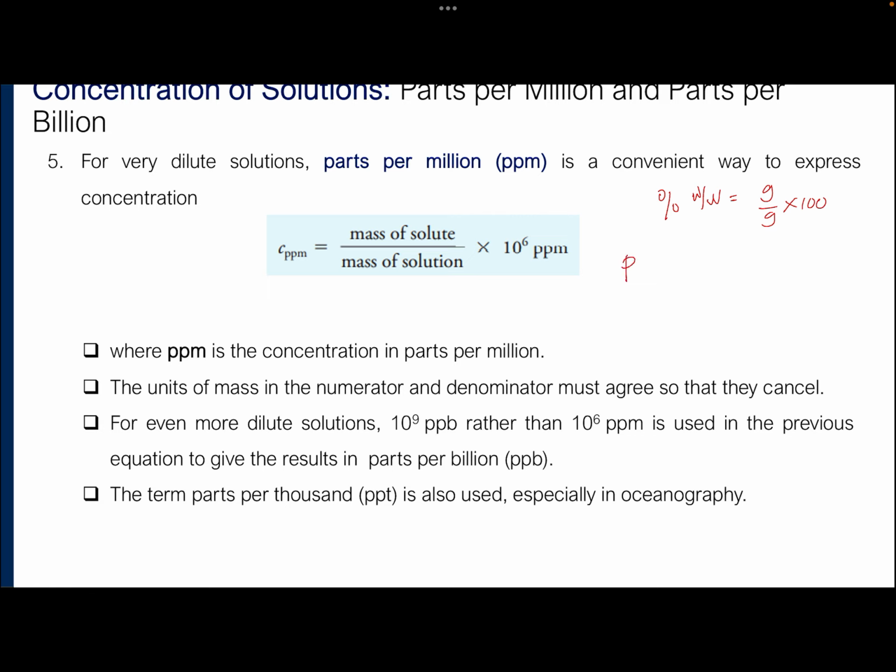For ppm, same formula, we have gram per gram times 10 to the 6. So instead of 100, it is replaced with 10 to the 6. For ppb, parts per billion, we have gram divided by gram times 10 to the 9.